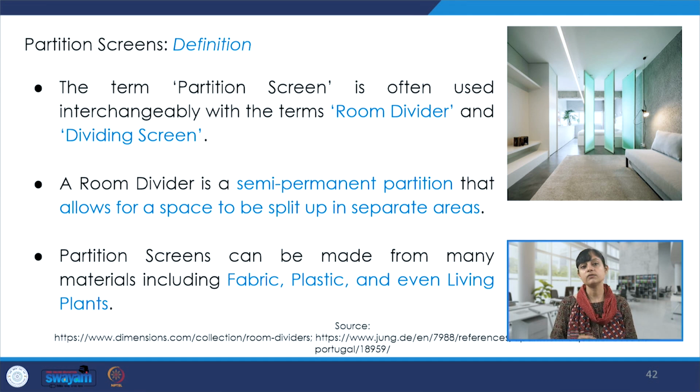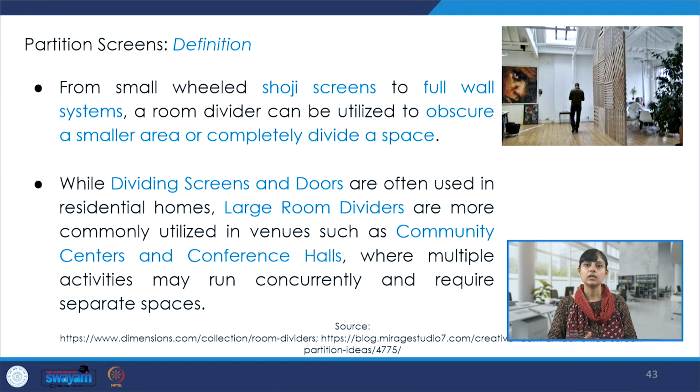And we could use diverse materials actually to create partition screens, be it fabric or plastic, plants, any material, glass, etc. Now, whether it is like a small screen or it is like a full wall system, we could always use these screens for dividing spaces and for creating smaller areas within a larger space.